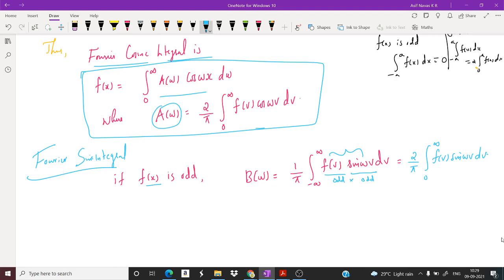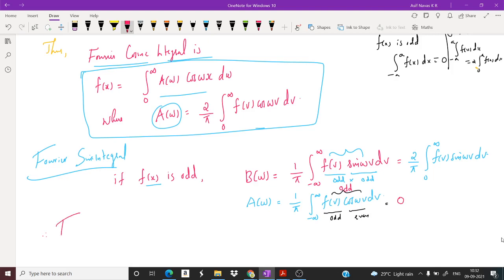Then what will happen? A of omega. By definition, it is 1 by pi integral minus infinity to infinity f of v cos omega v dv. And we know that this is odd and this is even. Odd into even, odd function into even function, is it even or odd? Odd, right? So this integral becomes 0.